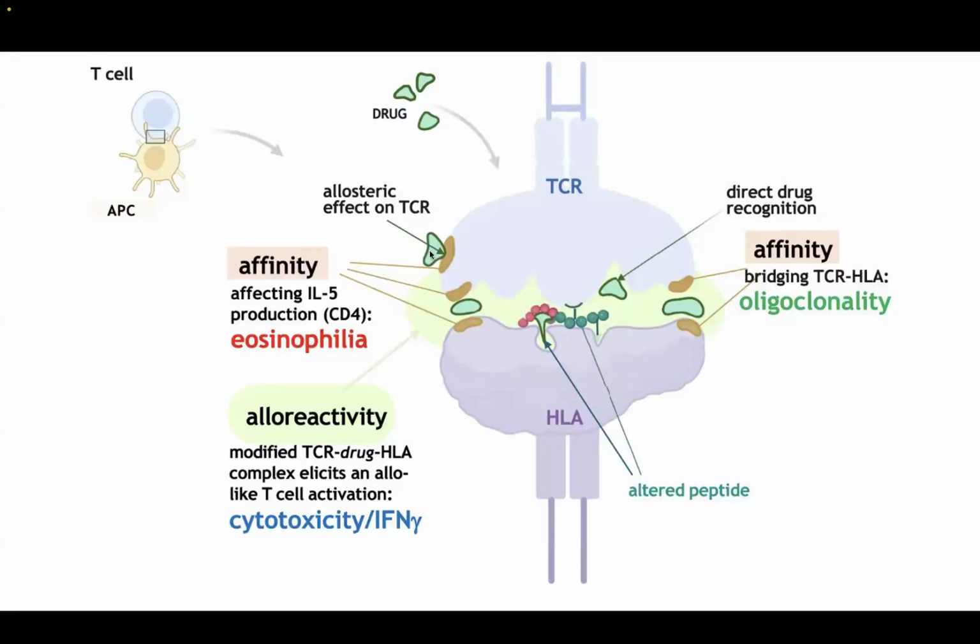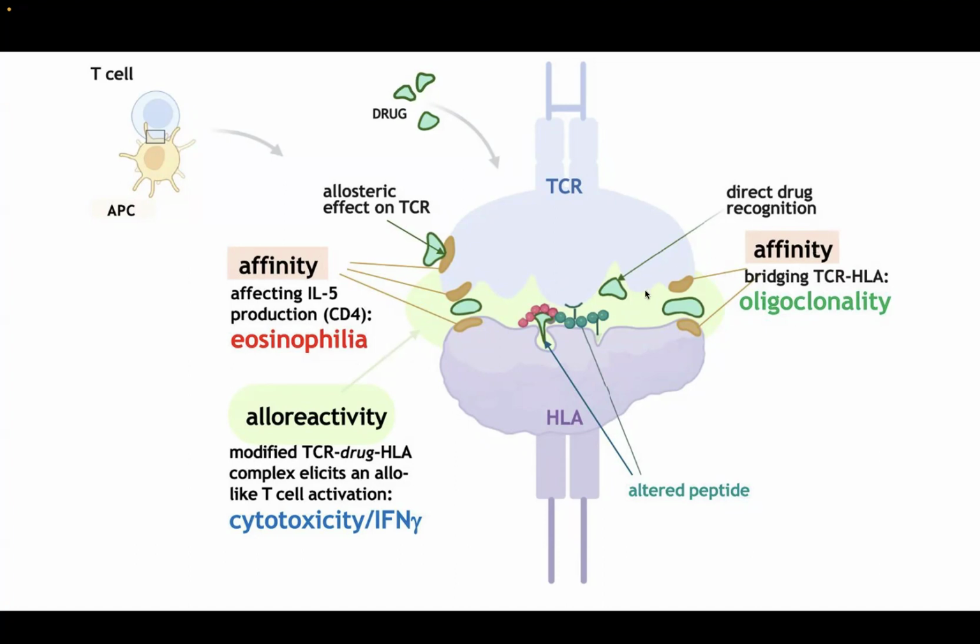This is one result. And also increased affinity. This is another result. When the drug attaches to the T cell receptor or HLA receptor, this will also increase the affinity of each receptor to the other, increase interleukin-5 production via CD4, and cause eosinophilia. This is one of the results.